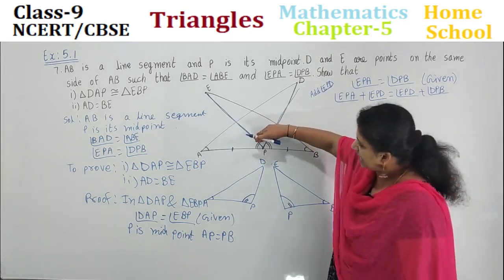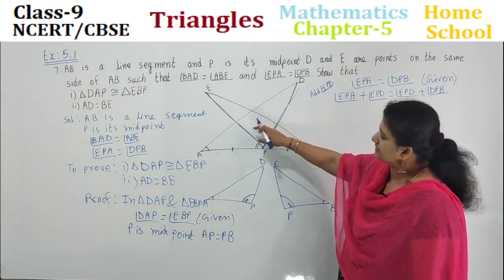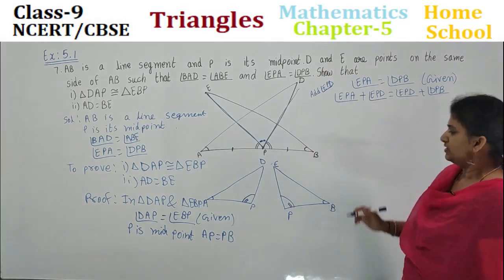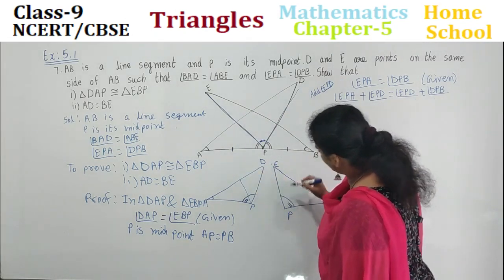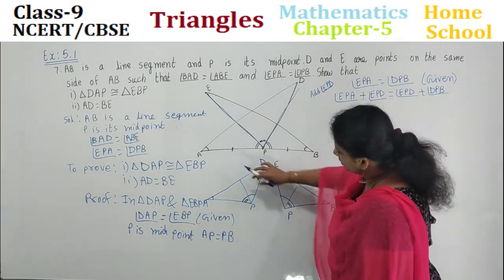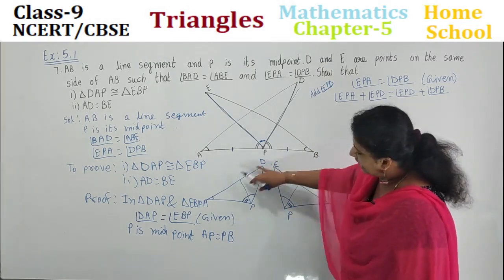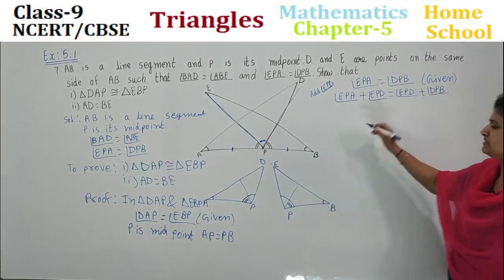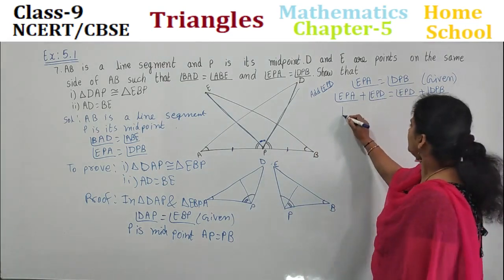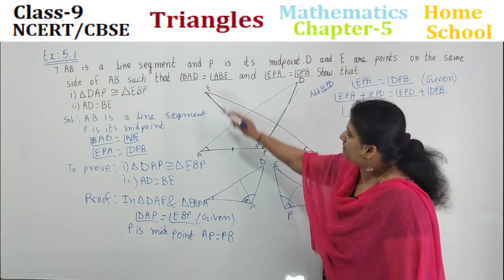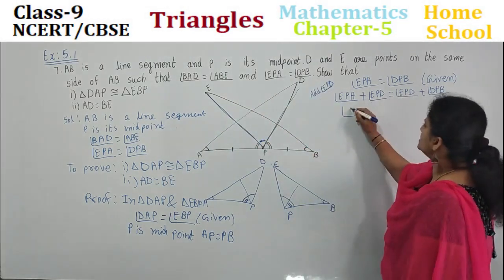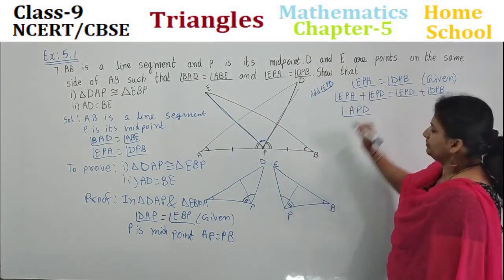One part of the angle is added here. Then what happens? It becomes EPA plus EPD, which becomes angle APD.